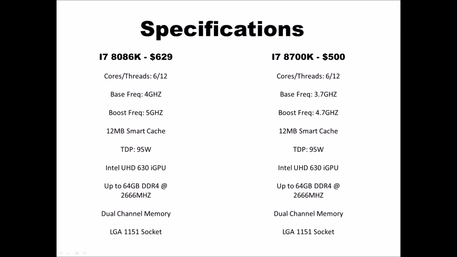Both have 12 megs of smart cache, a 95-watt TDP, and include the same Intel UHD 630 integrated GPU. Both support up to 64 gigs of DDR4 at 2666 MHz in dual channel mode, and as I mentioned before, both are the same socket, LGA 1151.